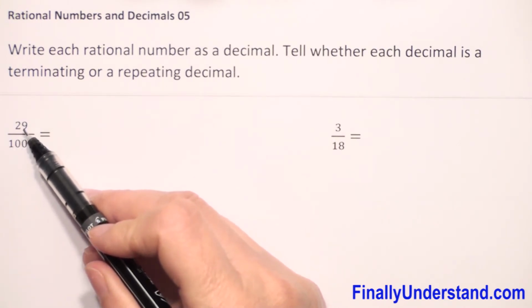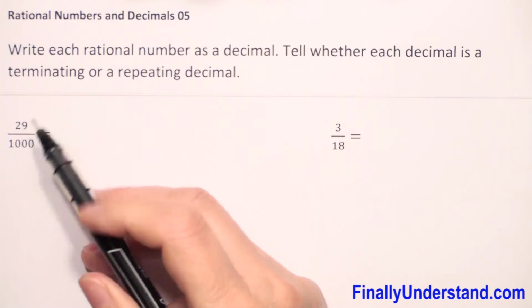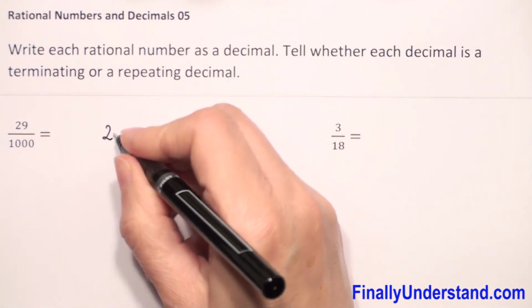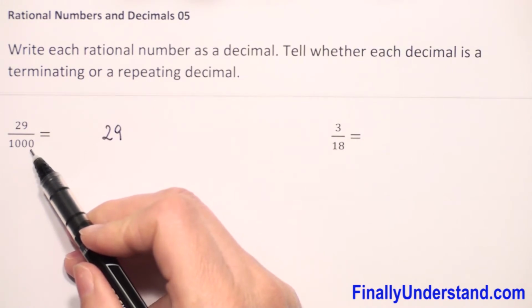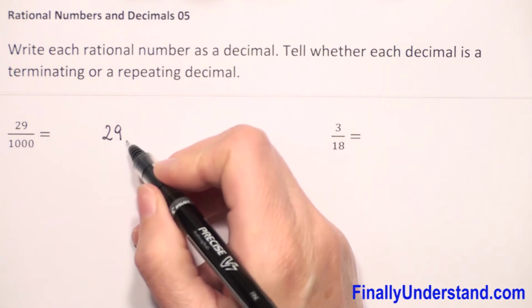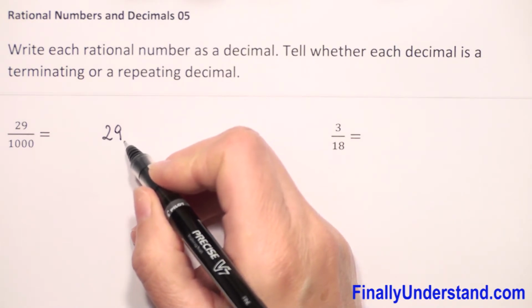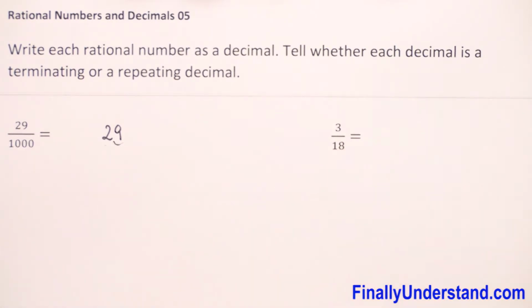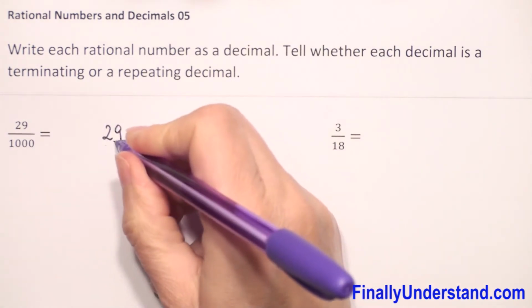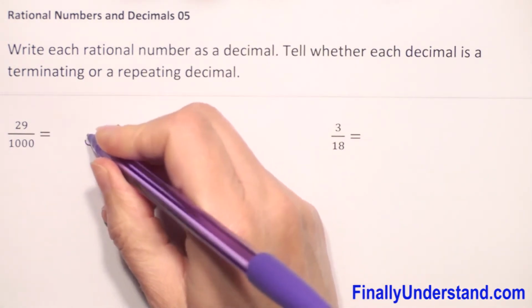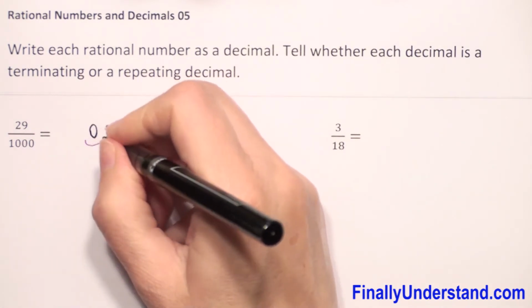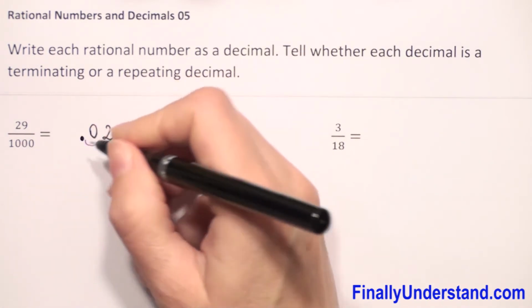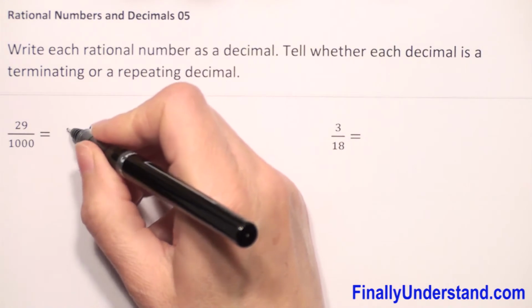You just copy whatever you have in the numerator, in our example 29, and we just count how many zeros you have in the denominator. 1, 2, 3, and from the right side we just count three digits. We have 1, 2, 3. When you have an empty space, we just add 0, and the decimal point will be before 0.